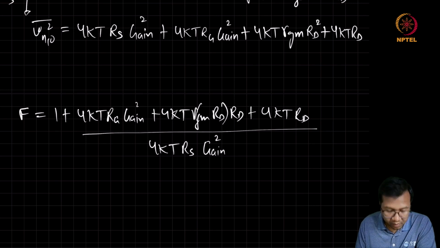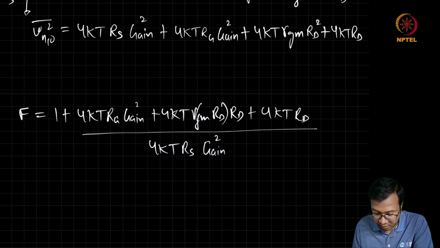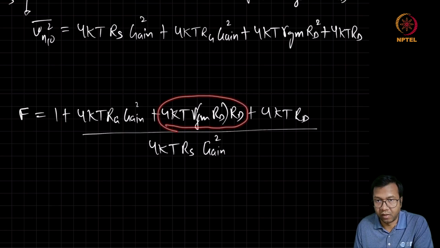Now here I will start making some assumptions to simplify again our derivation. So if we look at all the three terms, we'll see that this 4kT Rd is appearing as it is, where this term here is having some Gm Rd getting multiplied with Rd.